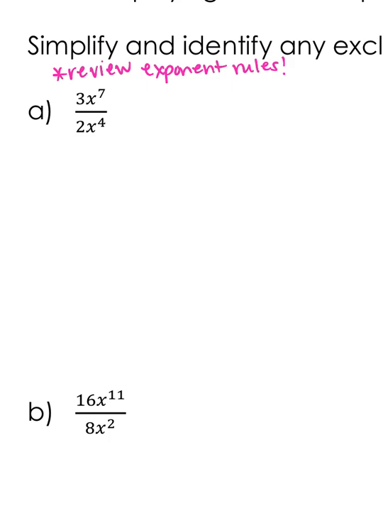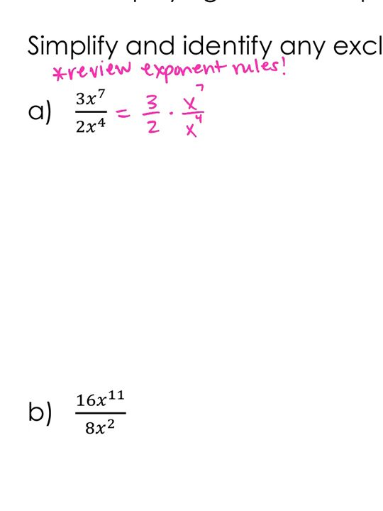All right, so what I do when I have something like this, 3x to the 7th over 2x to the 4th, I like to break these up. So 3 over 2 times x to the 7th over x to the 4th. That way I can simplify the number and simplify the variable at the same time.